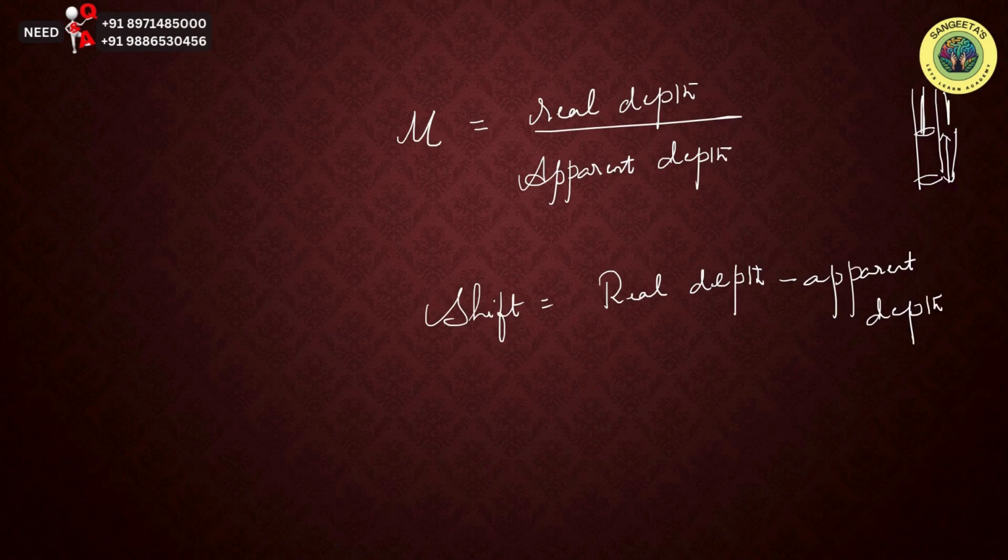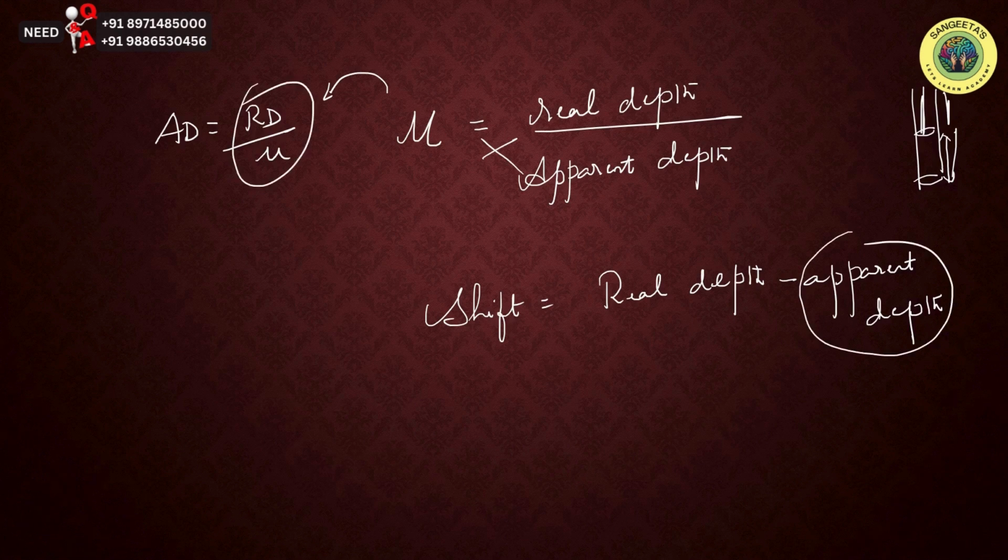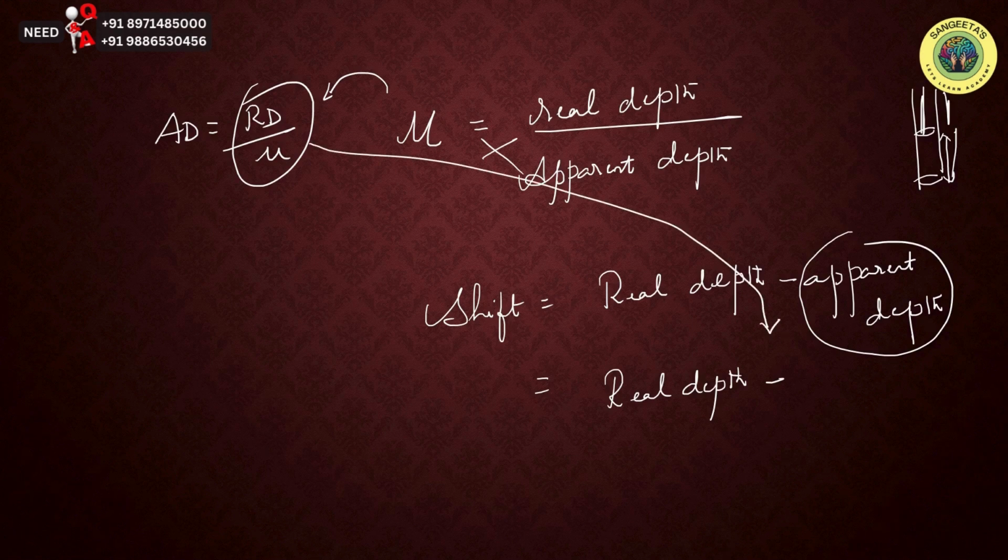What is apparent depth out here? So apparent depth, cross multiplication. So apparent depth AD is equal to real depth by mu, right? From this we can know. So instead of apparent depth AD, I can put this one out here. So shift is equal to real depth minus, this will come here in place of apparent depth, which is bracket starts real depth by refractive index, right?